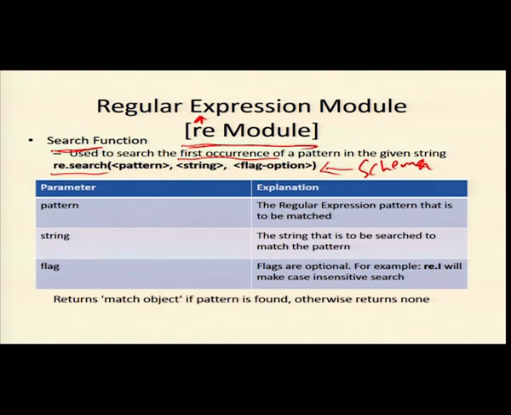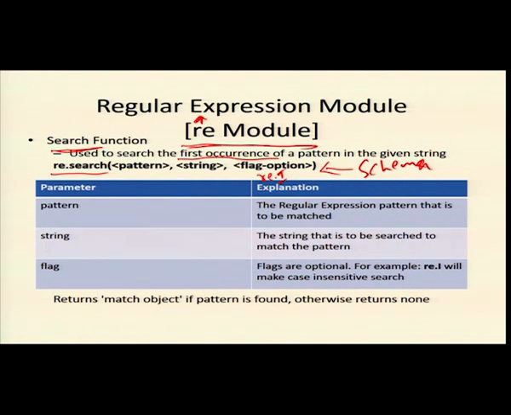We will see what a flag option is. We can use re.I as a flag option. I denotes that if I give it like this, it will not consider case sensitivity. My dear viewers, you might know Python is case sensitive. Even when you search a string, it will search based on case sensitivity.